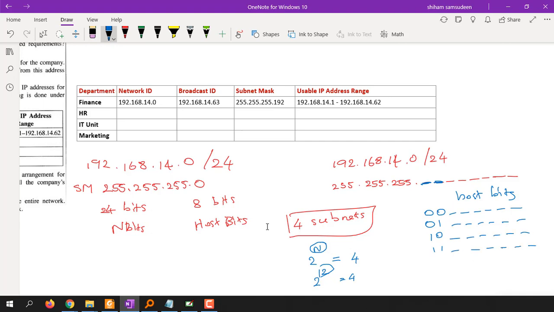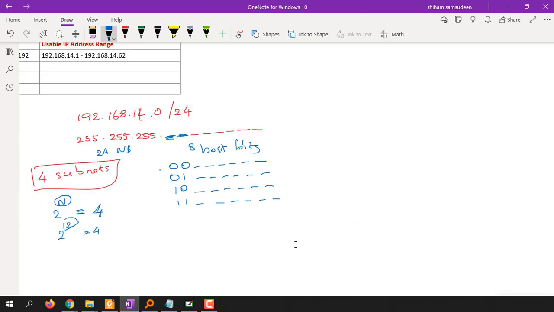So in this case, this is equivalent to 192.168.14.0, because you will be filling out all zeros here, so this is the network address. And the broadcast address would be these 2 zeros plus all the others being 1, right? So 1 1 1 1 1 1.